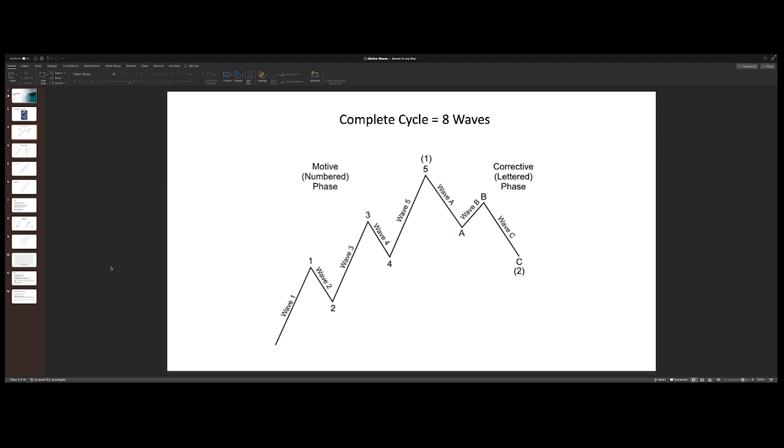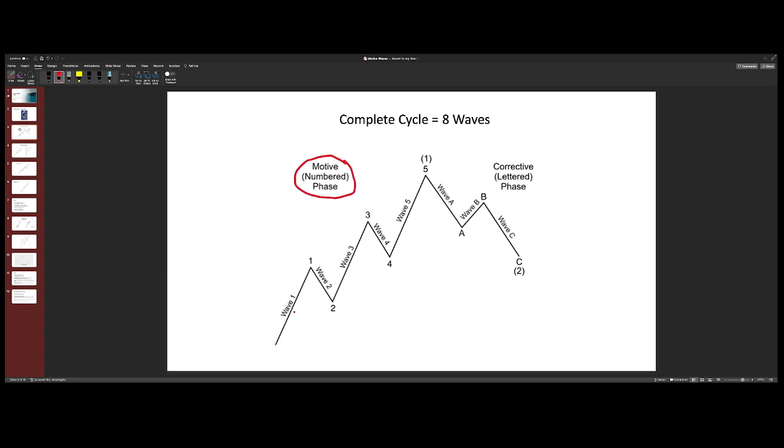Okay, let's start again with the complete cycle. This is very simple. The Elliott wave theory says that the market, human behavior, moves in an 8-wave recognizable pattern, and that recognizable pattern includes the motive phase, which is this phase right here.